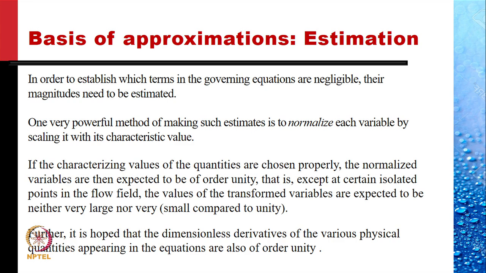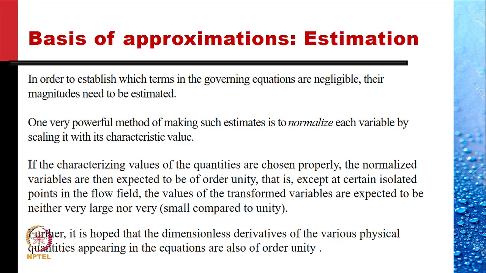Further, it is hoped that the dimensionless derivatives of the various physical quantities appearing in the equations are also of order 1. And we saw that in a well-behaved function this is possible, but sometimes this breaks down and the approximations or the estimates obtained are erroneous.